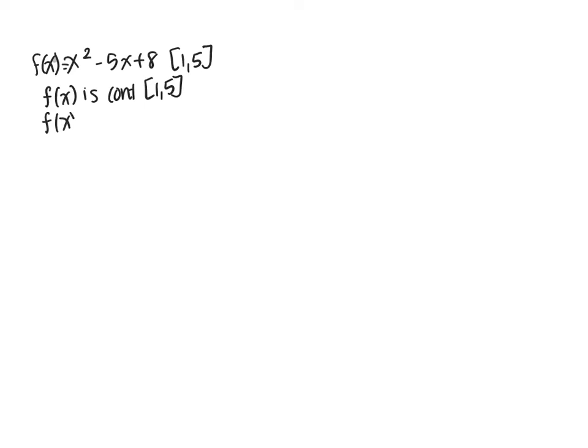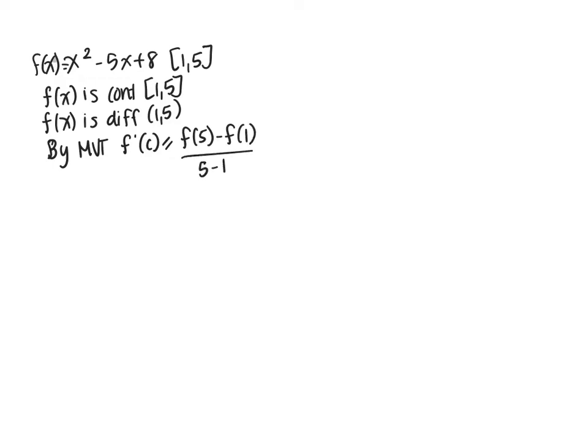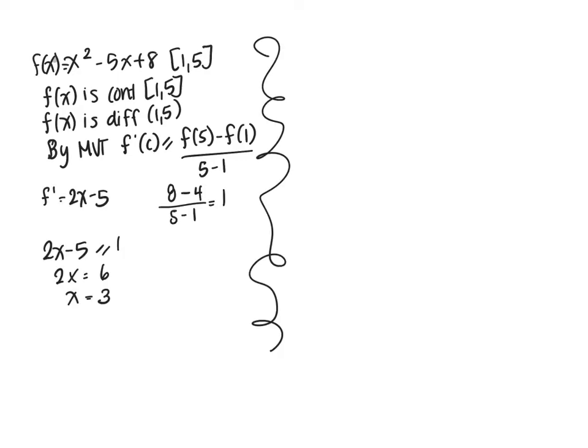F of x is differentiable, and again, it is continuous, and it is differentiable because it is a polynomial. So by MVT, there must be some place where f prime of c is equal to f of 5 minus f of 1 over 5 minus 1, and I'm going to go find those parts and pieces. You might want to stop the video right now and start working on this.